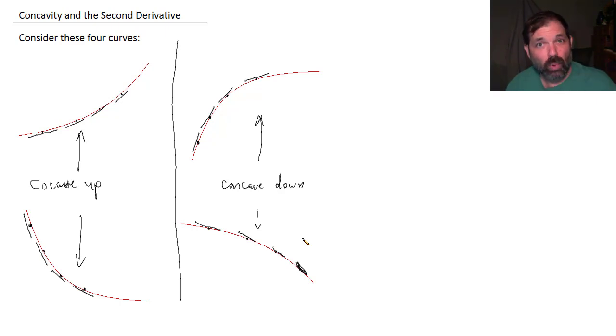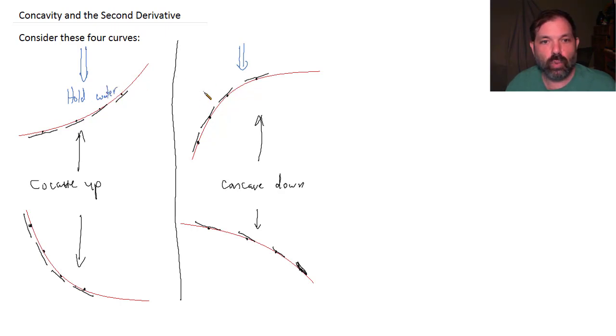But a simple way to think about concavity is if you were to pour water over the curve, would the curve hold the water over that portion of the curve, or would the water fall off? This would hold the water.